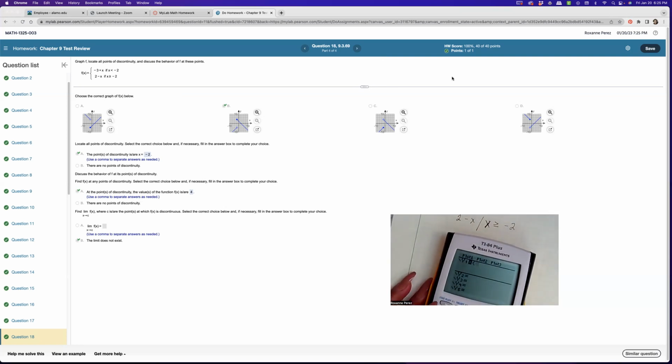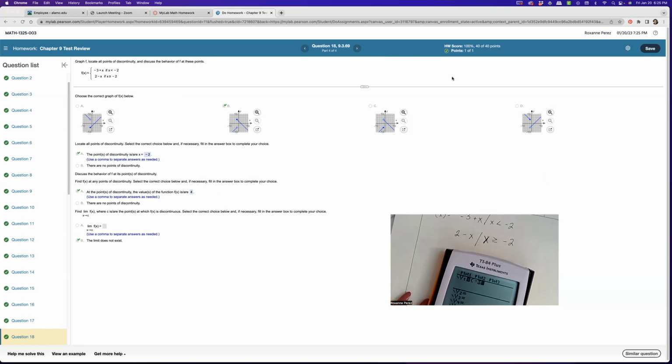So parentheses, -3 plus x, close parentheses, divide parentheses, the constraint, x, second, test, less than -2, close parentheses, enter, and then the next piecewise, 2 minus x, close parentheses, divided by, open parentheses, x, second, test, greater than or equal to -2, close parentheses.